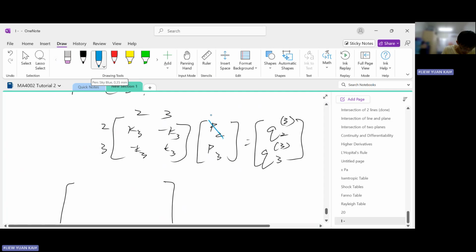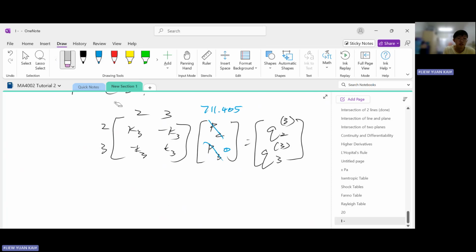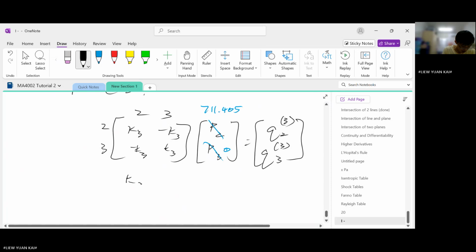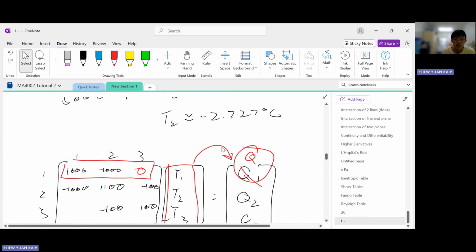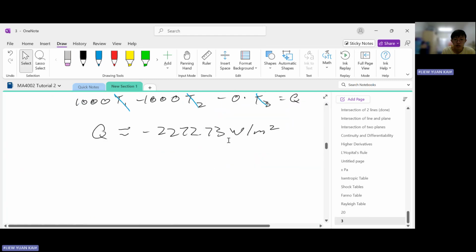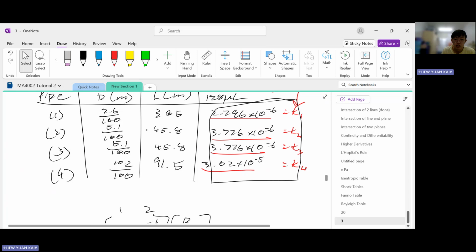P2 is what I found, 711.405. P3, they told me, is 0. And earlier we calculated K3 to be 3.776 times 10 to the minus 6. Where did I get this K3? I got this K3 from here.